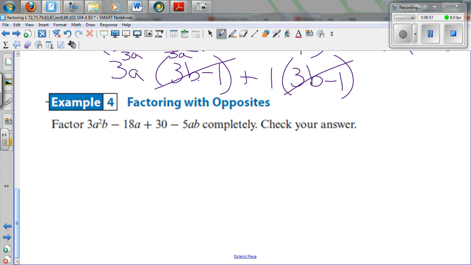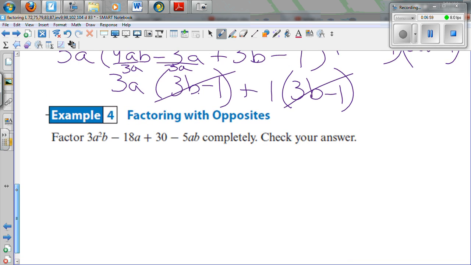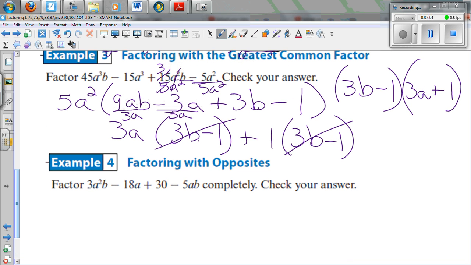Factoring with opposites. Again, you need to have your terms the same in order to factor them out. So here we had 3b minus 1 and 3b minus 1 to factor out.